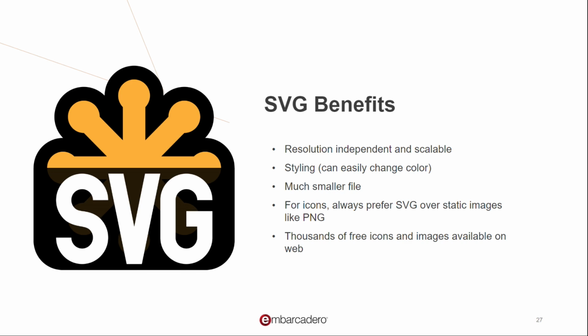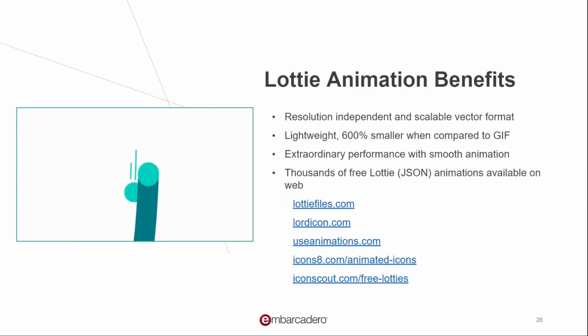There's no lossy compression when you save them. For icons and application graphics, using SVGs is fantastic and way better than static images like PNG. There are a lot of free options out there, and tools and libraries to work with them. Adobe Illustrator and Inkscape are two vector graphics tools that work with SVGs.